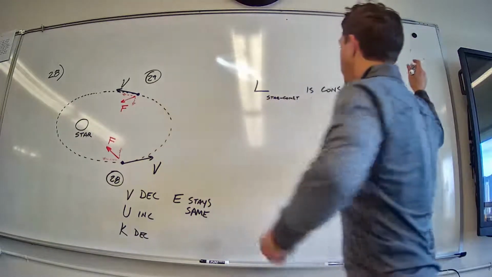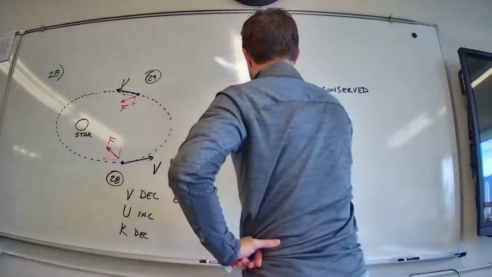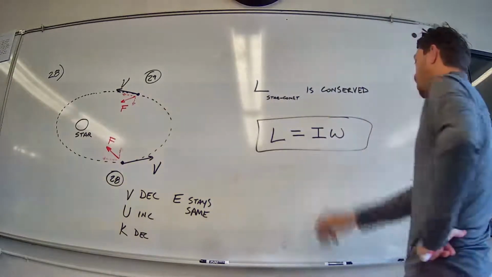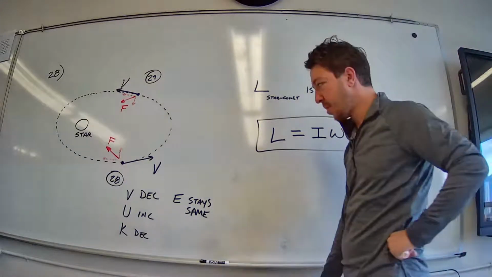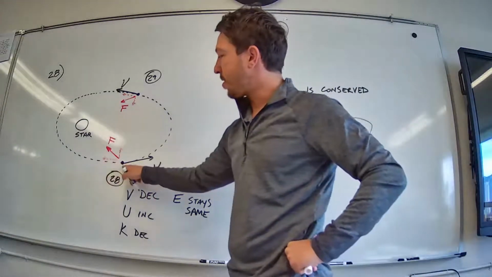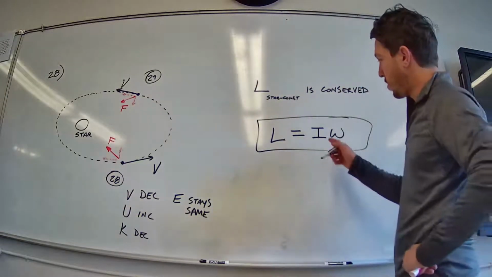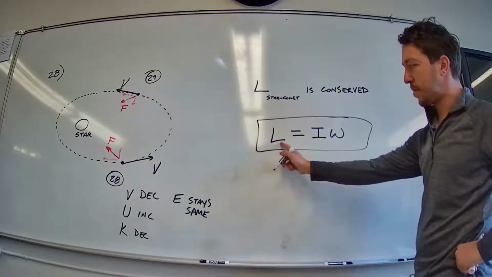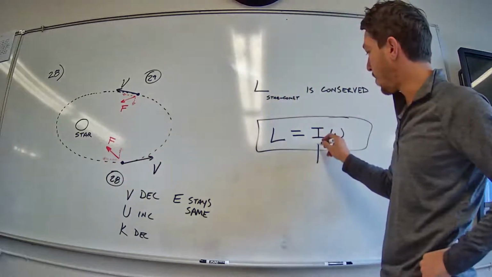And what's the formula for angular momentum? L equals I omega. So if you were saying he's moving from here to here, which of these, well, I guess both are changing, but if this is conserved, as you move away from the star, what are you doing to this number?